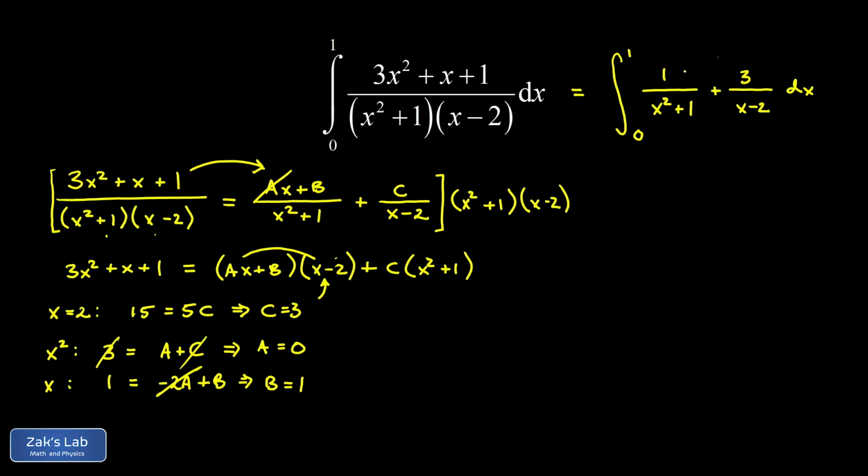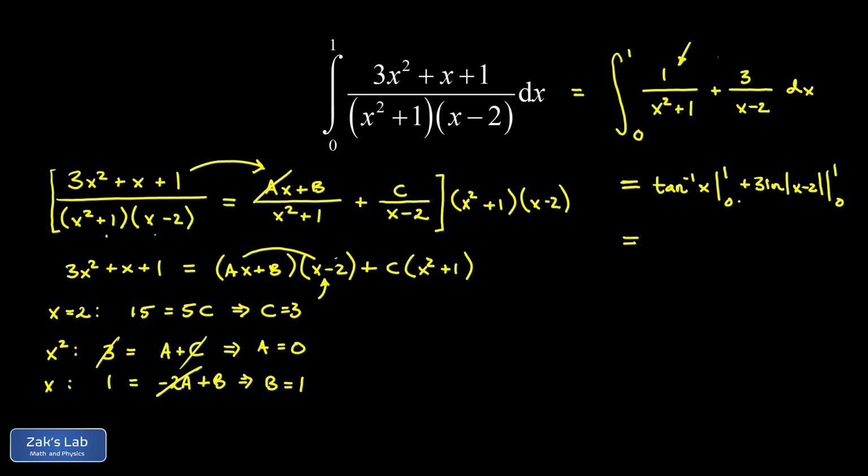And the whole point of partial fractions decomposition is that the antiderivatives of these smaller pieces are generally pretty easy to find. So the first piece just integrates to the inverse tangent function, and I end up with inverse tangent of x evaluated from 0 to 1. And the second piece integrates to a natural log function. So I have 3 natural log absolute value x minus 2 evaluated from 0 to 1.